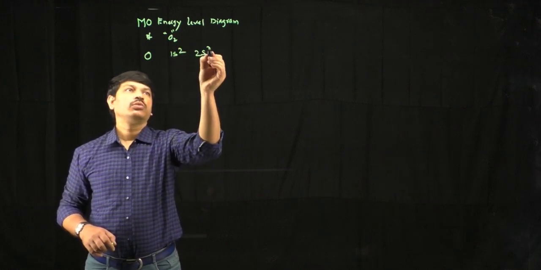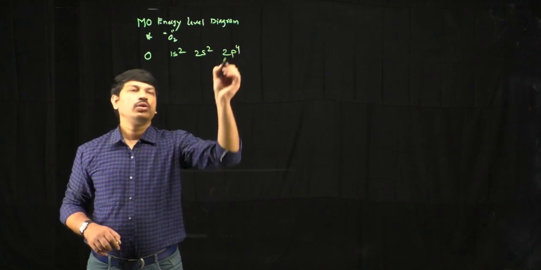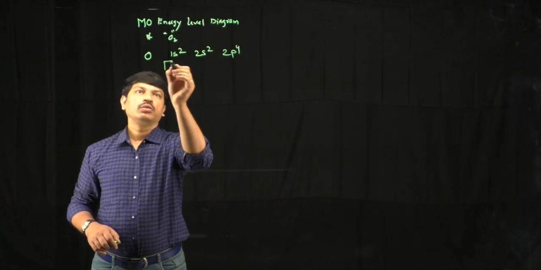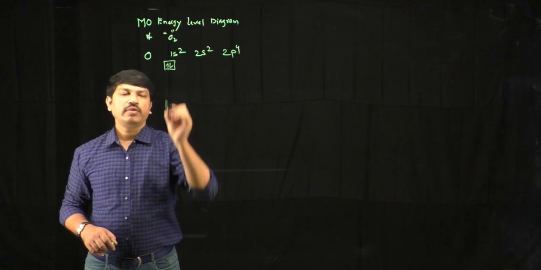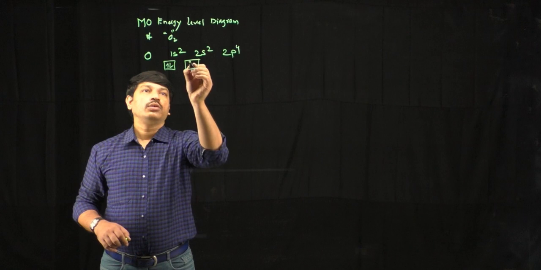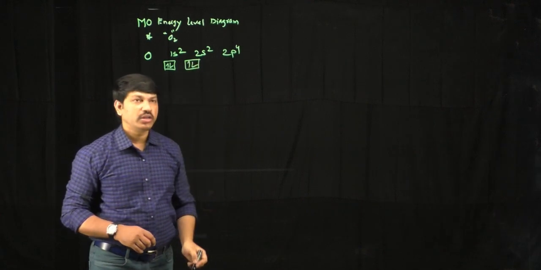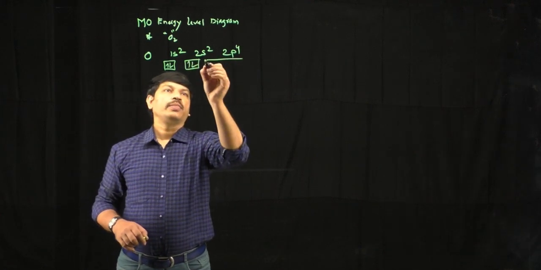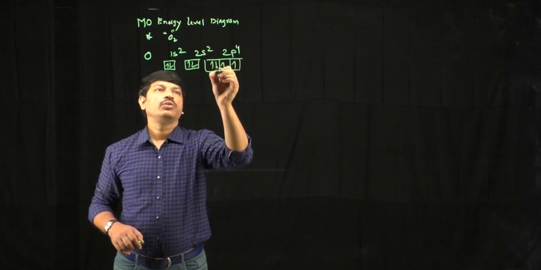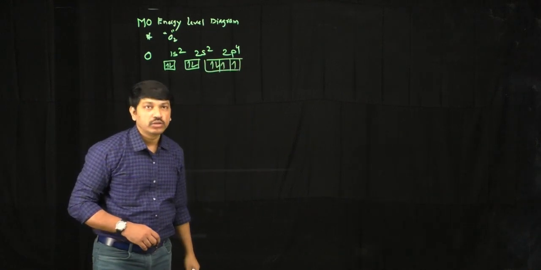1s2, 2s2, 2p4. So that means 2 electrons are available in the 1s orbital and 2 more electrons are available in the 2s orbital and 4 electrons are available in the 2p orbitals.